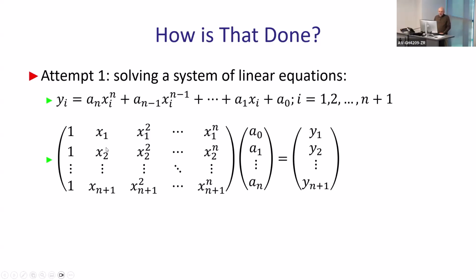And then I can repeat it n plus 1 times. Okay, so far? For each point, I'm just repeating single row of that equation. So I get new equation. So I have n plus 1 equations, n plus 1 variables from a0 to an. All I need to do is to invert that matrix, to multiply by that vector of y's, which are coordinates of these points, and I get all of my coefficients out of that.